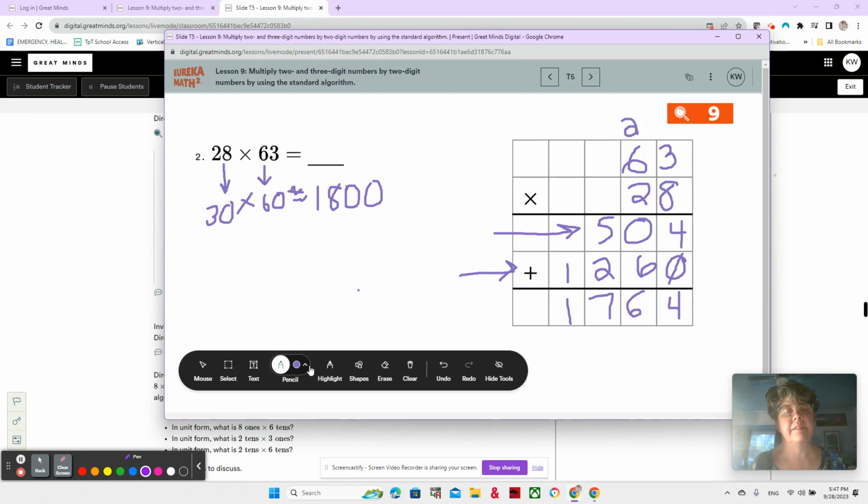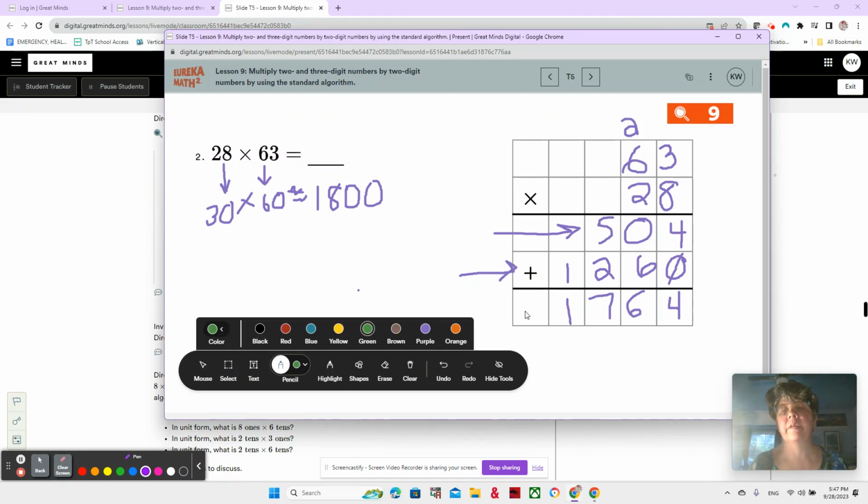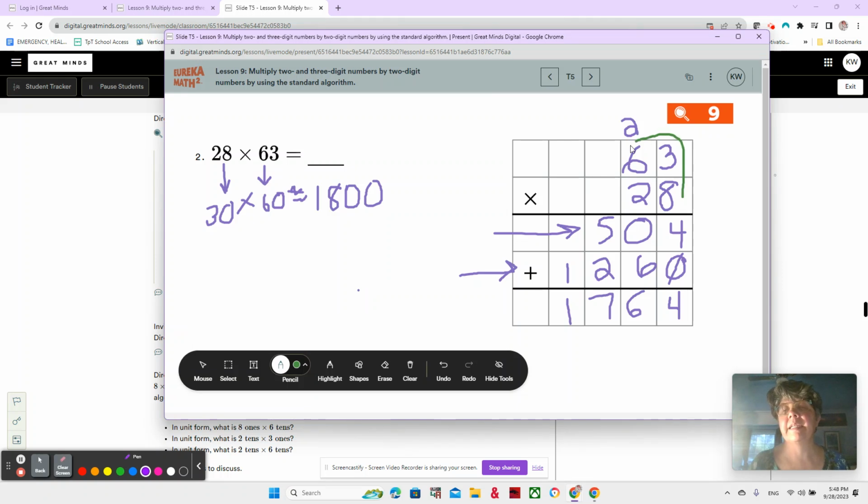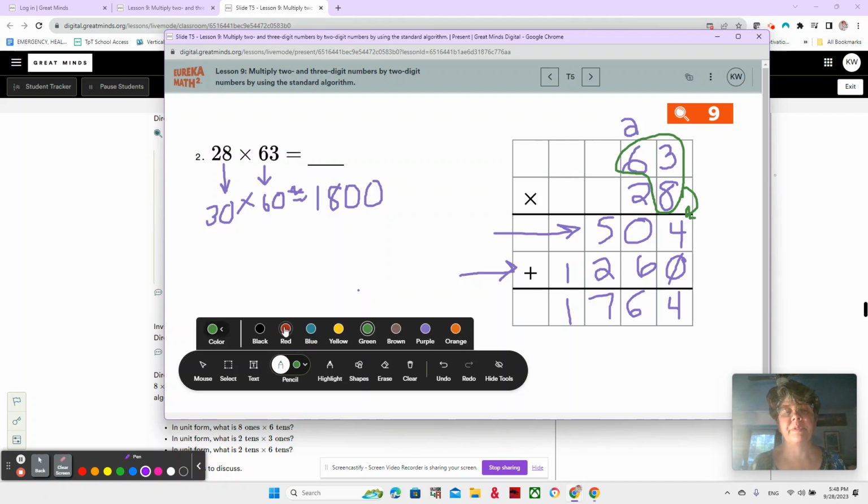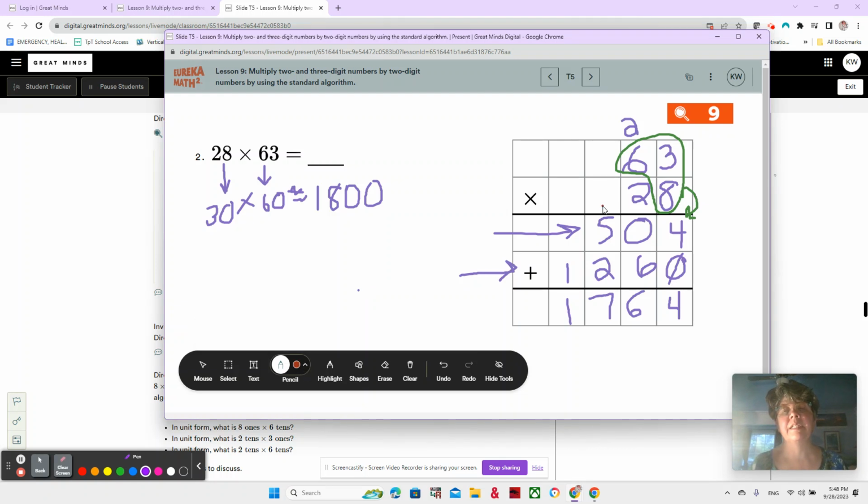It is 8 63s, right? 504 is 8 63s. What about 1,260? What does it represent? 20 63s, right?